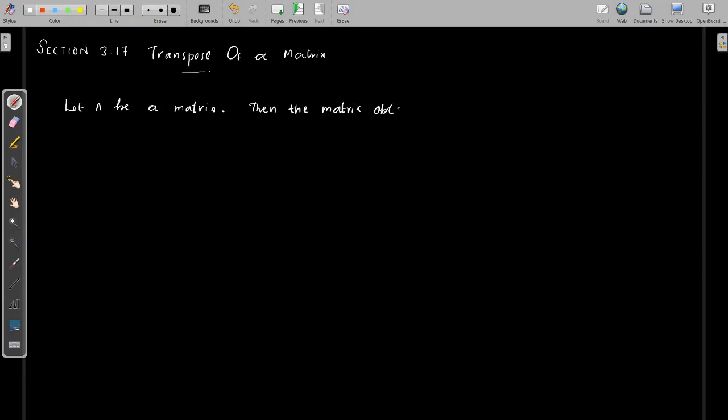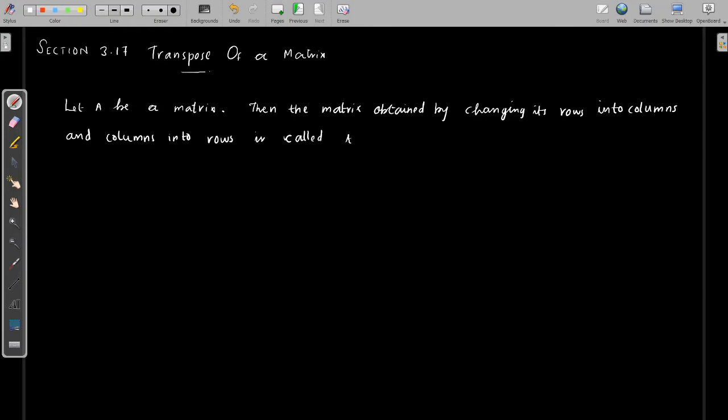Then the matrix obtained by changing the rows into columns and the columns into rows is called the transpose of the matrix A. Remark: we denote the transpose of a matrix by A transpose or A prime.